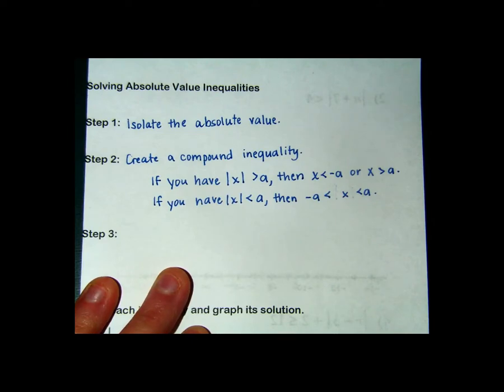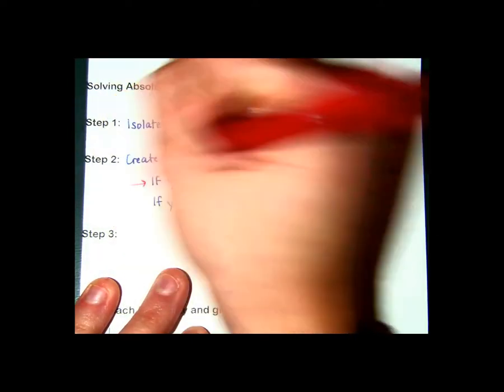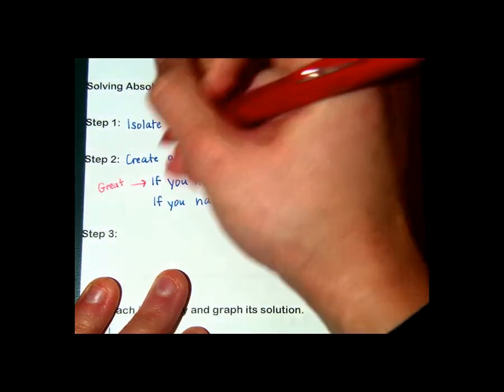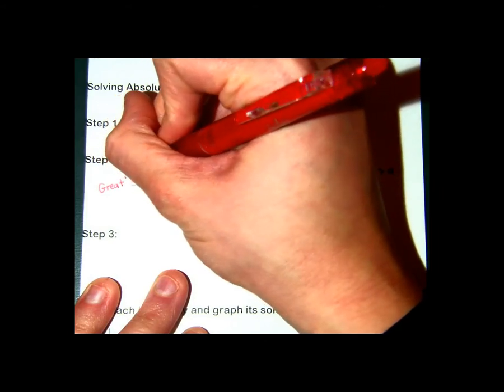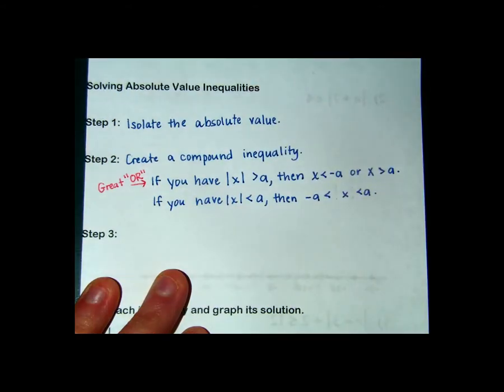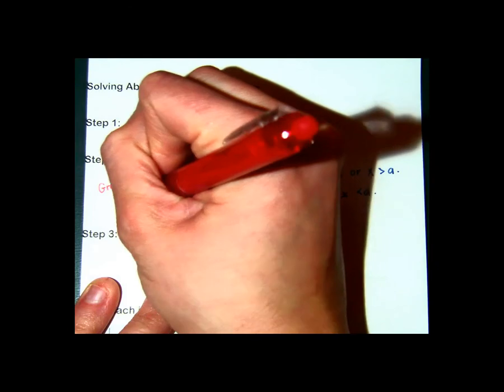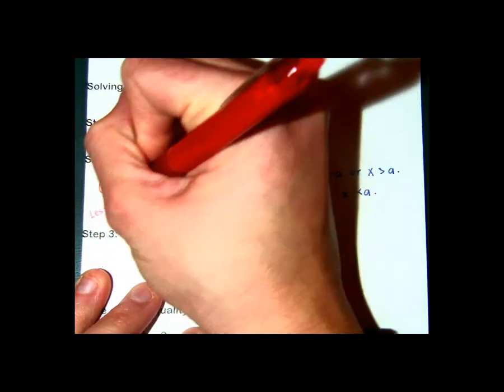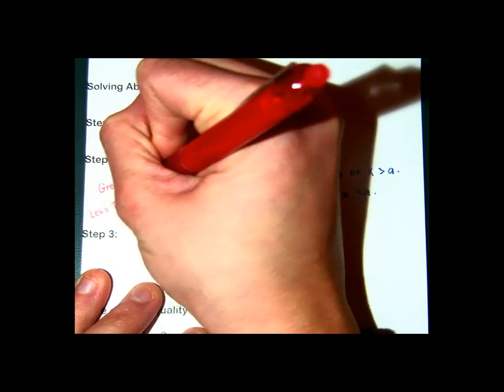One way that I remember this: if you have greater, you're going to use or. If you have less than, you are going to use and.